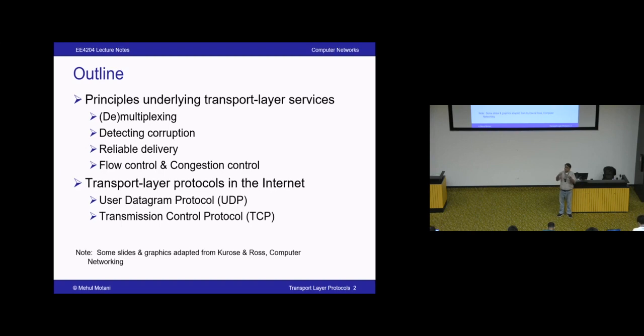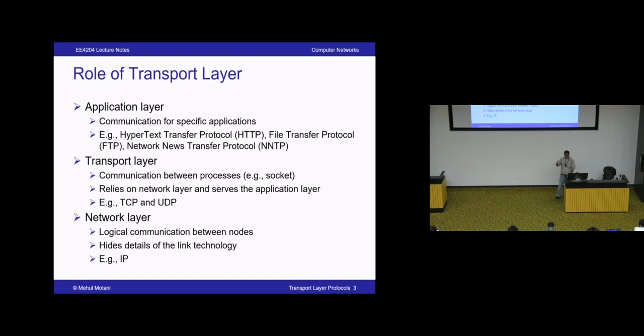So we also want to understand the general mechanisms of transport layer. Okay, so transport layer sits in between application layer and network layer. And transport layer is a logical connection between two processes.